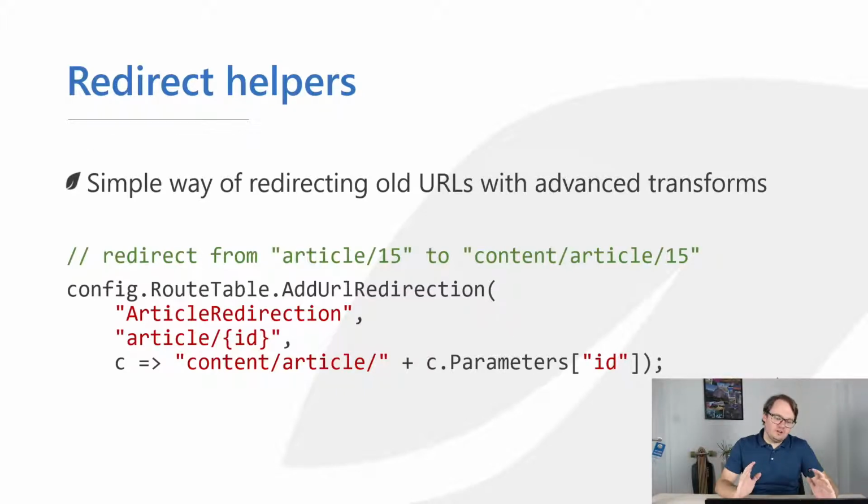But if the transformation is complicated, for example, if you don't want the ID of the article, but a slug of the article, which is some value calculated from the title, you will probably need to look in the database to search for the article slug. Yeah, and that's not possible to do using just regular expressions. So this gives you a lot of flexibility in implementing custom redirect strategies.